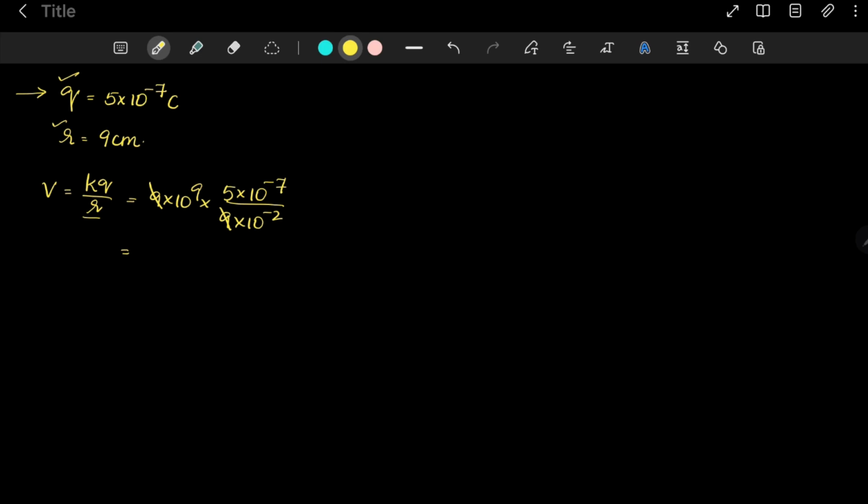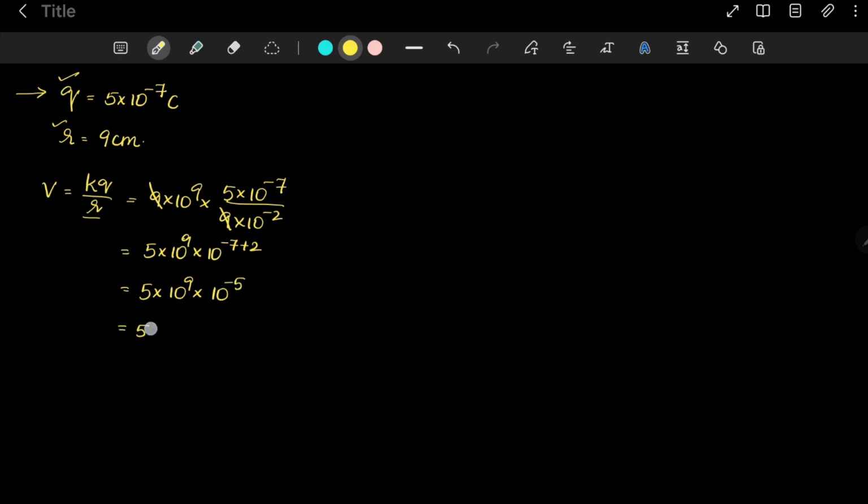So it will be 5 into 10 power 9 into 10 power minus 7 plus 2, which is 5 into 10 power 9 into minus 7 plus 2, which is minus 5.